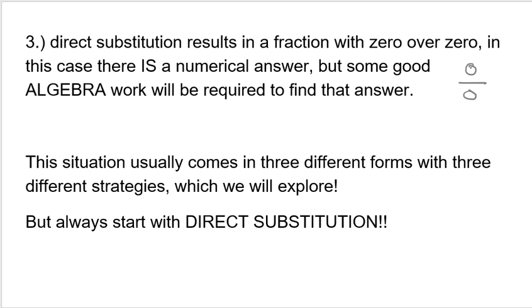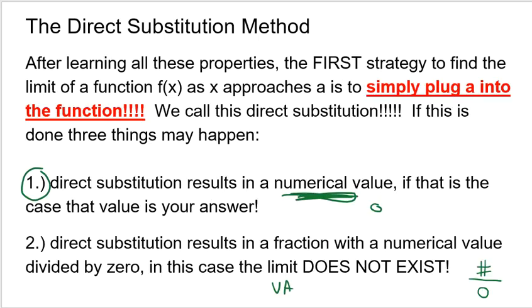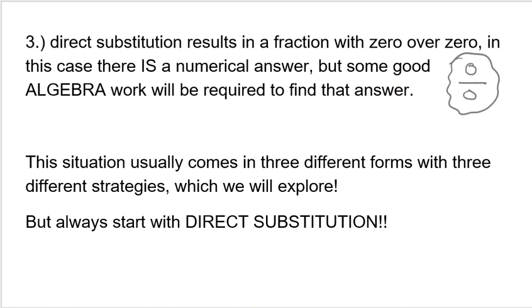I call it the dreaded double 0. When you get a 0 over 0 with direct substitution, that's where you're going to have some work ahead of you. The other two things that can happen: you get a number, and that's your answer; you get a 0 only in the denominator, and your answer does not exist. And if you get the dreaded 0 over 0, that's when you're going to have to do some work.